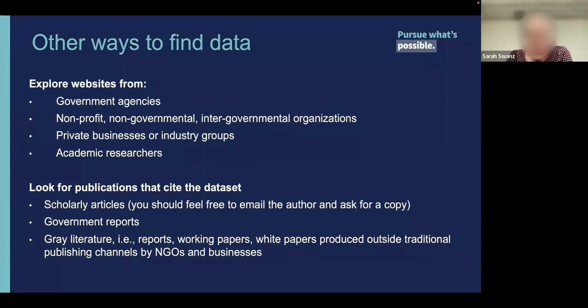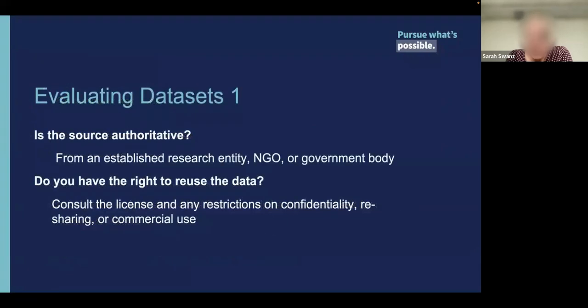Now, having said that, you're not just going to go download anything you see on the web. How can you evaluate data and determine if it's authoritative? Typically, you want to look at an established research entity of some kind. Again, academia, government, an established NGO. They will typically have a high degree of reliability. The next thing you're going to want to do is ask, do you have the right to reuse the data?